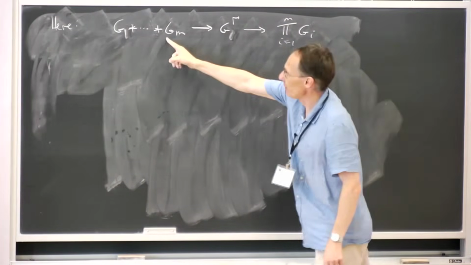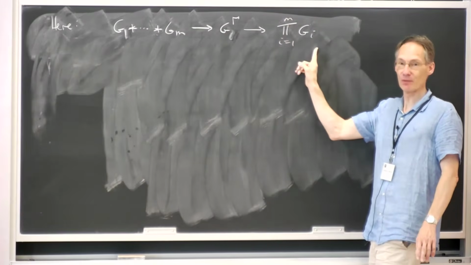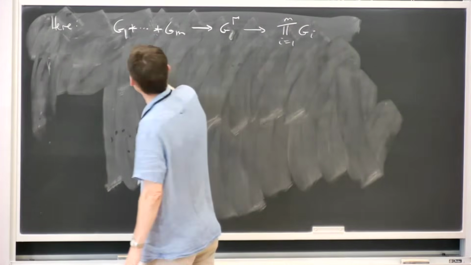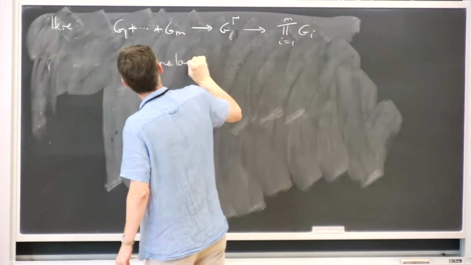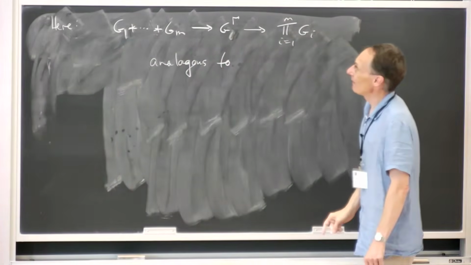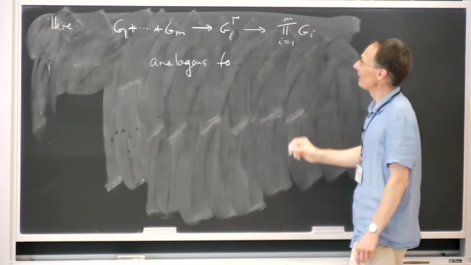Right? So this is like the free part, and in some sense the abelian part, if this was like all Z's, for example, and the graph product is in between. And this is analogous to everything we've been thinking about in terms of polyhedral products.